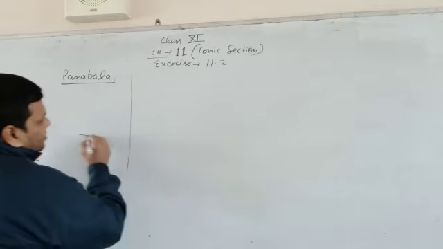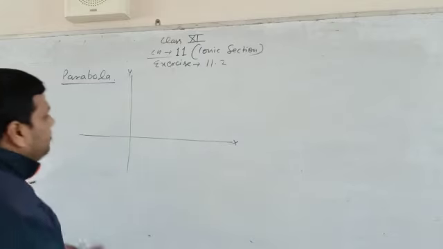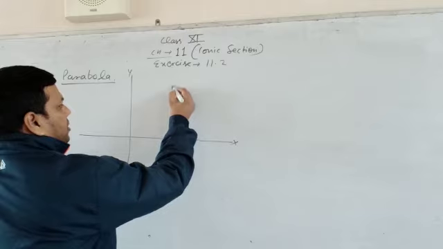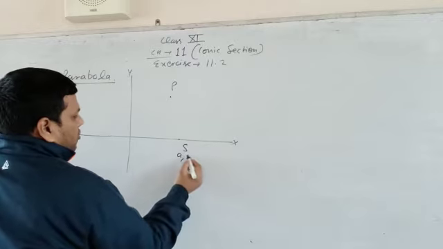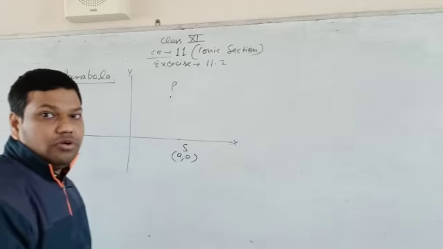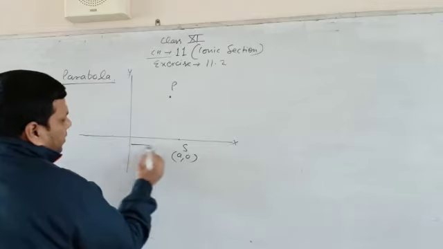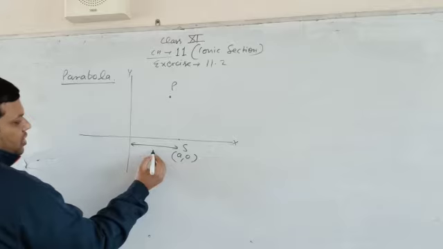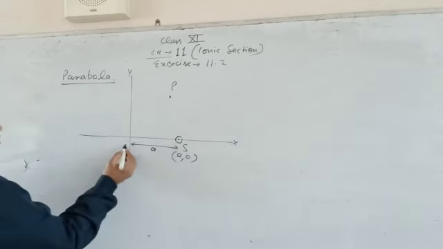If the axes are given, you can see there is a point P and a point S, whose coordinates can be (a, 0).